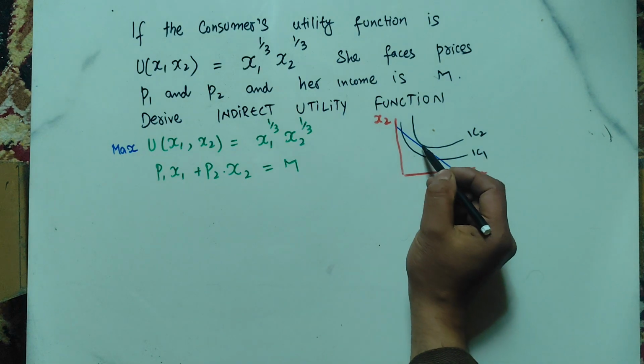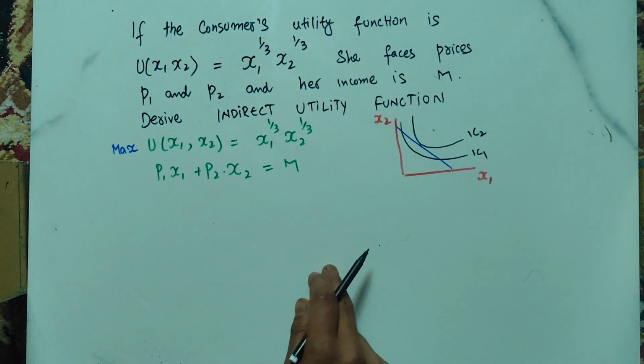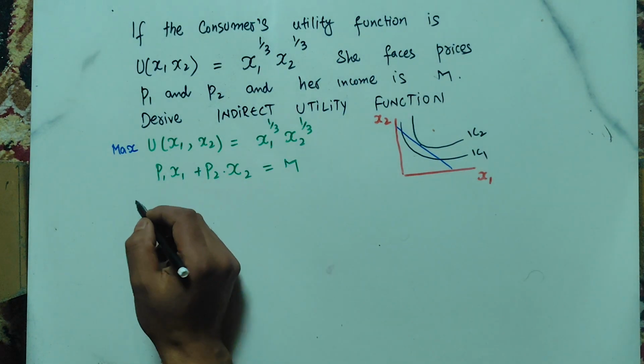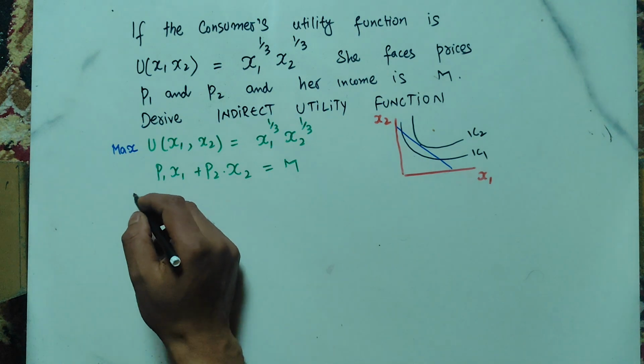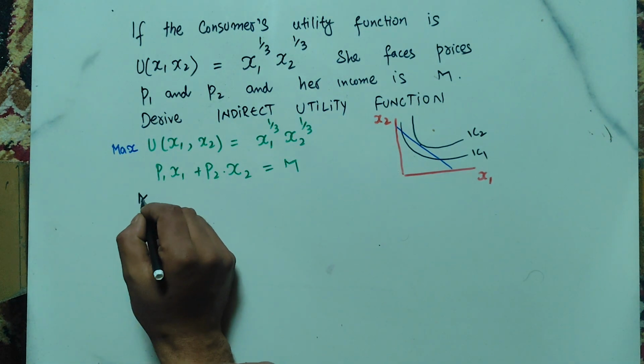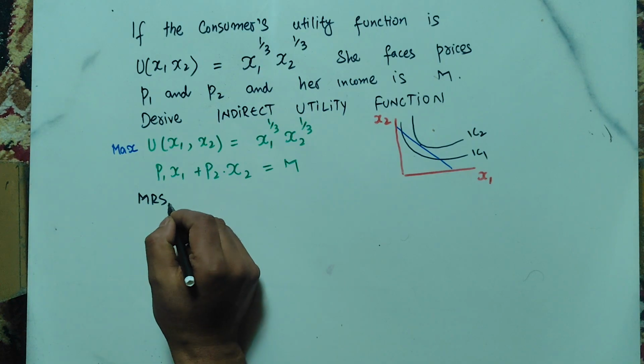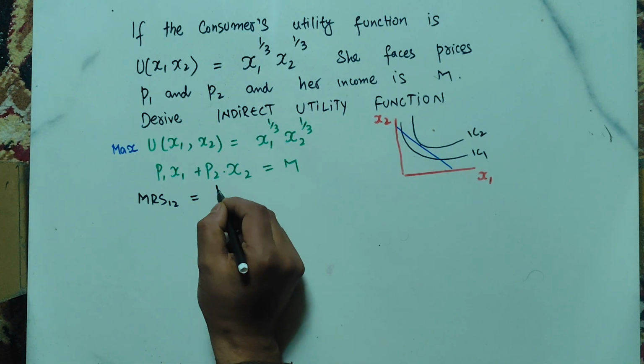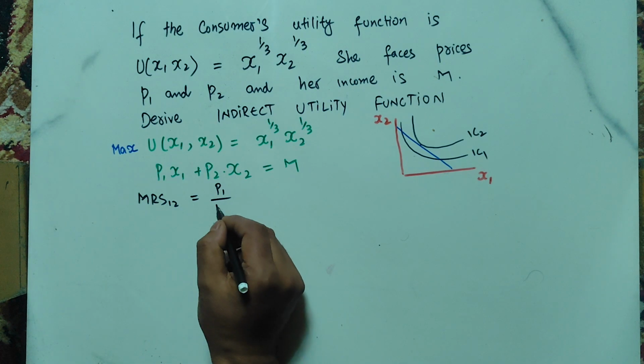Having said that, what is the tangency condition here? At tangency, what happens? The first order condition for optimization requires that we equate the marginal rate of substitution between goods 1 and 2 with the ratio of the prices, that is price of good 1 upon price of good 2.